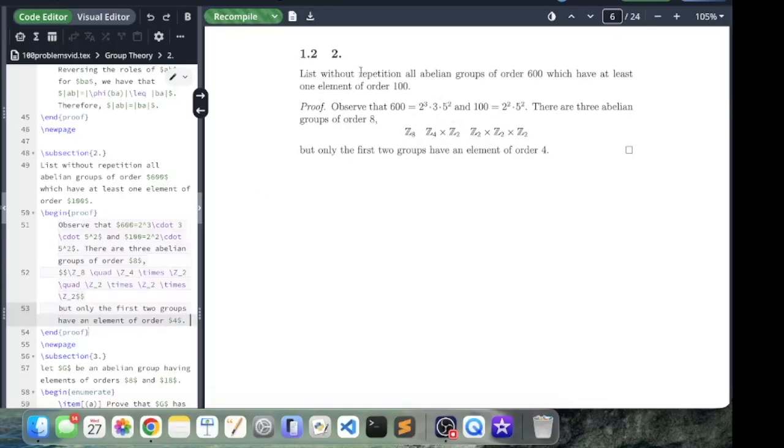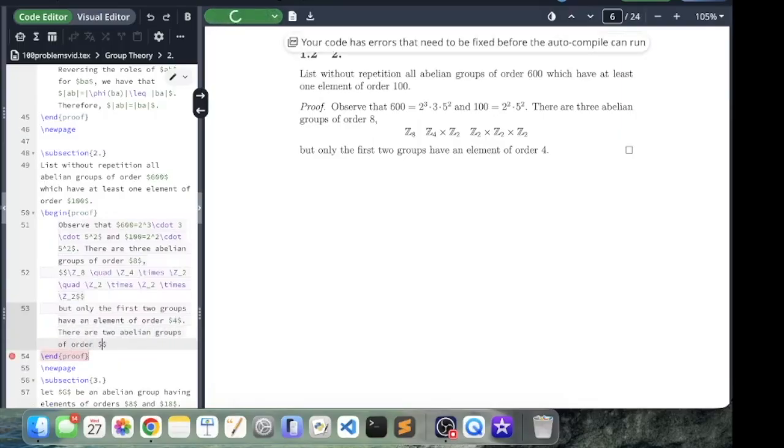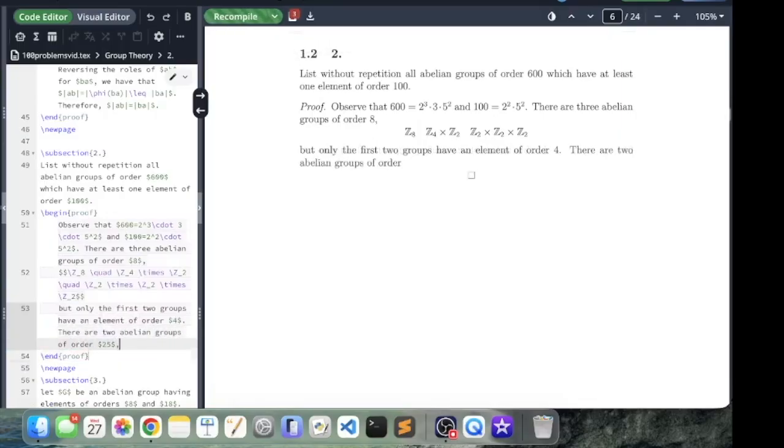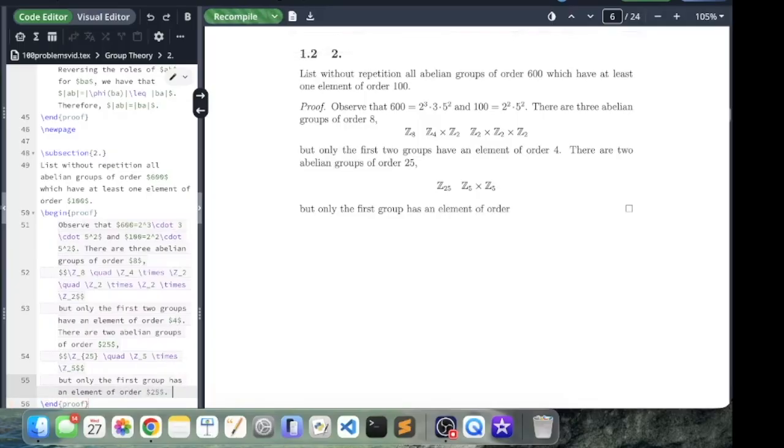The 3 has to come along because we need order 600, and then we need 5 squared. There are 2 abelian groups of order 25: Z25 and Z5 cross Z5, but only the first group has an element of order 25.